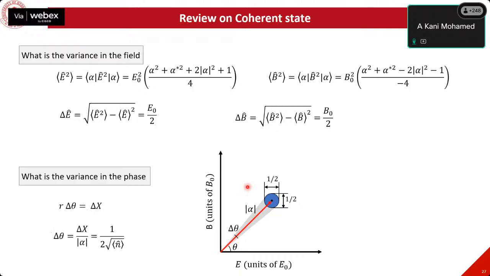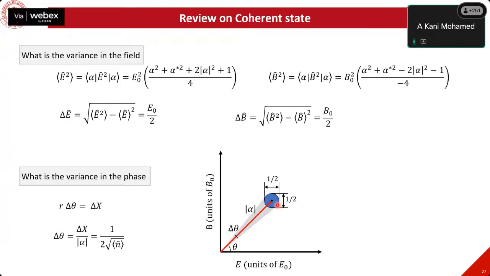It's very simple, just using r d theta equal to dx. So now we can compute the uncertainty or the variance in the phase, which is nothing but delta x divided by mod alpha, which is the length of this vector. So delta x is the variance of the field perpendicular to this direction, which is nothing but 1 by 2 because it's just a circle.